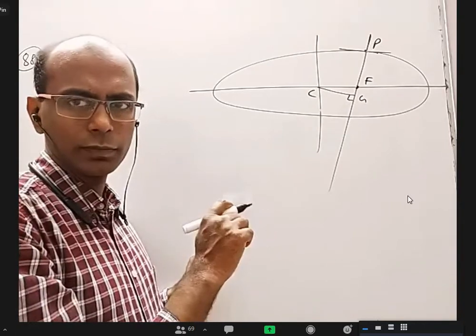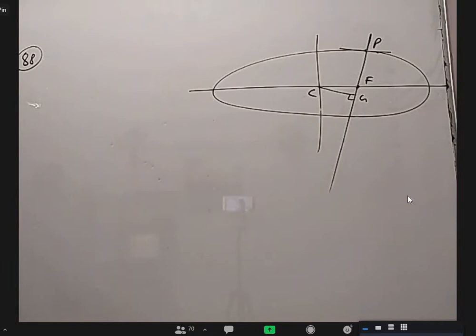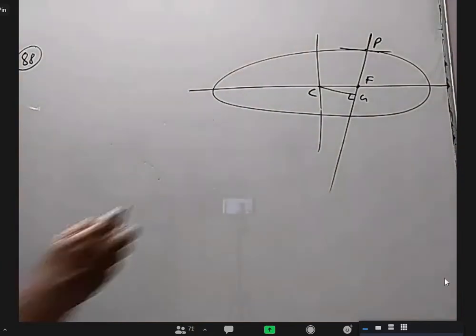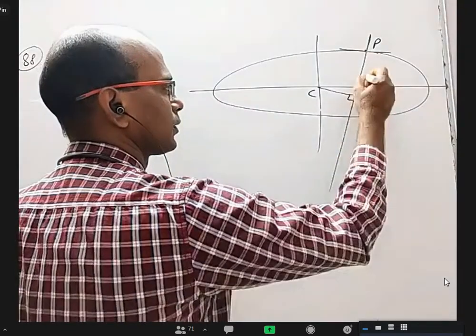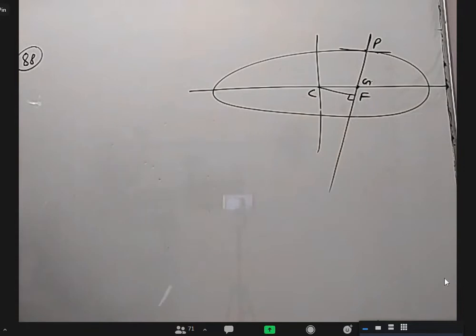I said normal meets the major axis at G. So okay, I just changed the names of G and F. G is here, F is here. Okay, we want PZ length into PF length.